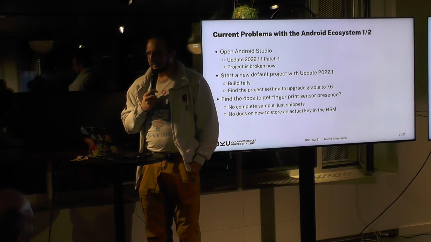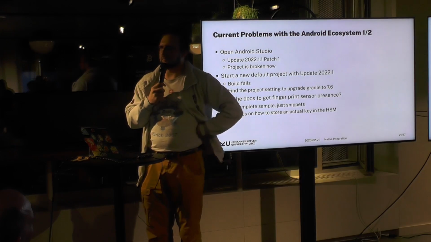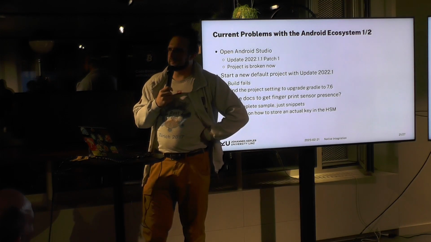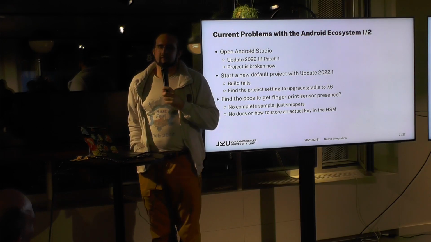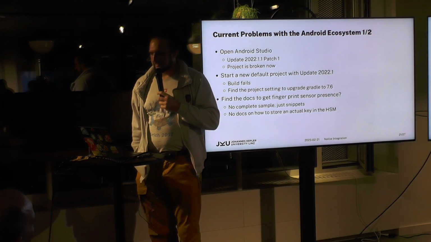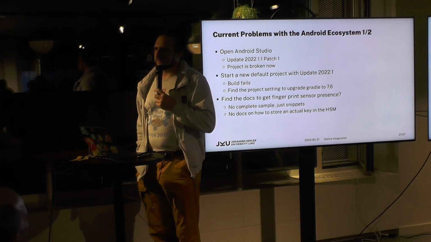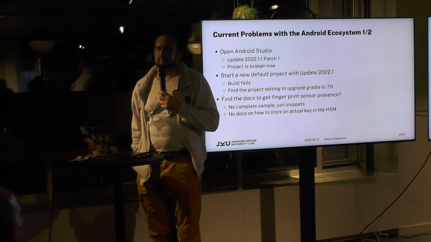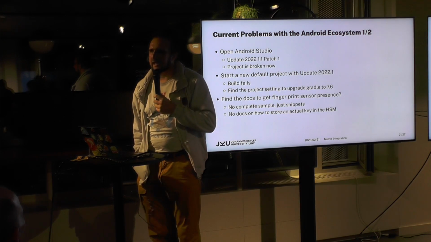Yeah, because some part of Android decided that it needs Gradle 7.6. If you do that manually in the files, which you can't do to be fair, but you have to know that Google decided in their infinite wisdom that non-patch versions don't have the .0 at the end. Why? I mean, why?